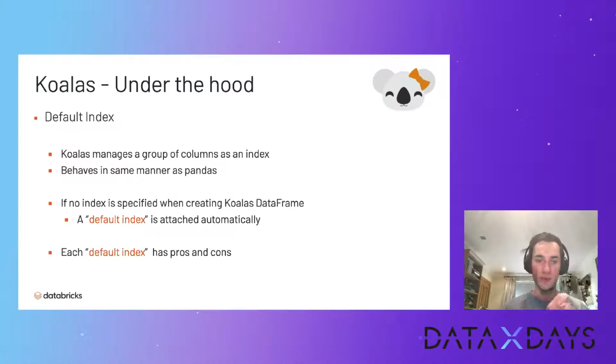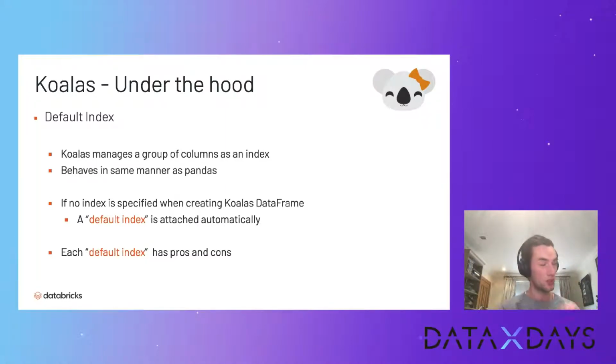If we don't specify a specific column when creating a Koalas data frame, or we don't explicitly provide one, what we're going to do automatically is attach what's known as a default index. And there are several different types of default index which a Koalas user can configure. However, each of these index types has its pros and cons, and I'll walk through some of those.